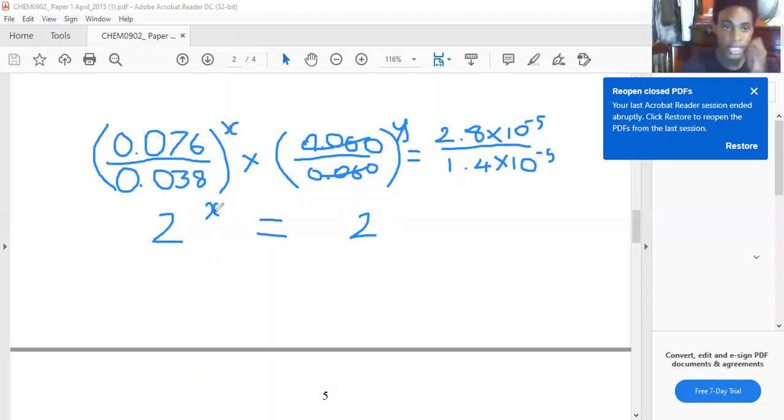And how we would get x by itself is that we would carry it over. When you carry it over, it would be log 2 over log 2, right?